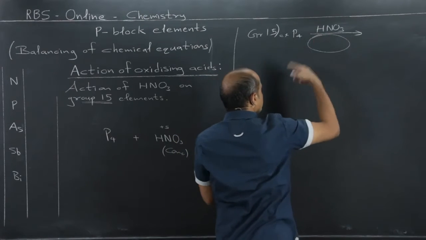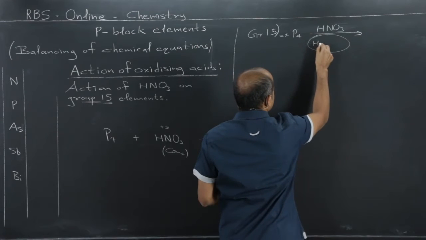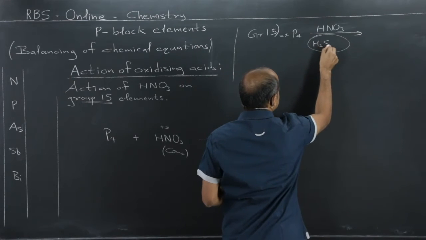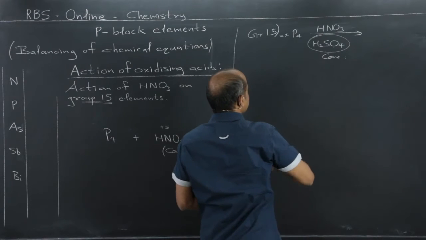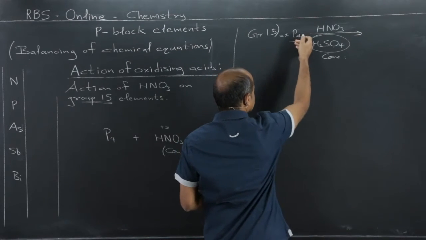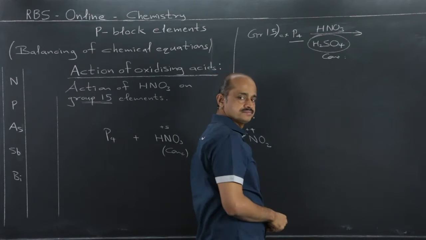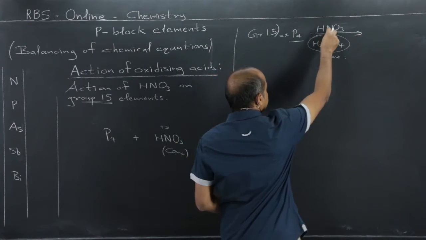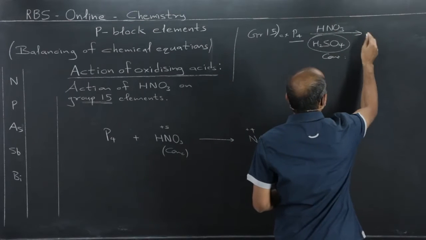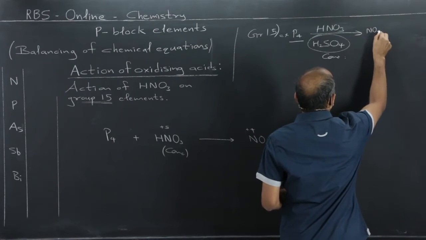Nitric acid, or in the next part when we consider concentrated sulfuric acid, of course, phosphorus and the other elements of group 15 are oxidizing agents. If it is nitric acid, this is fixed.